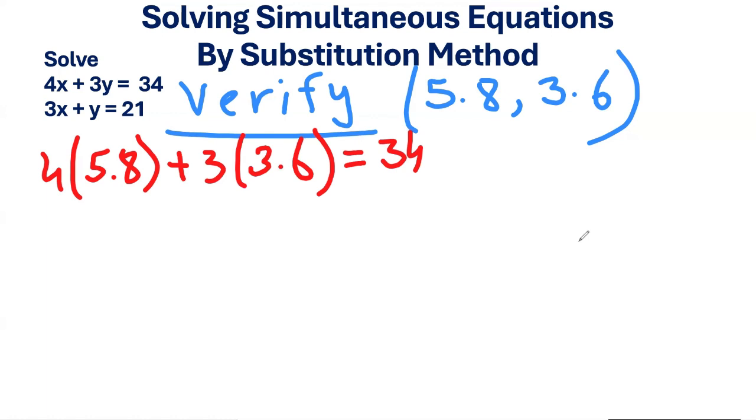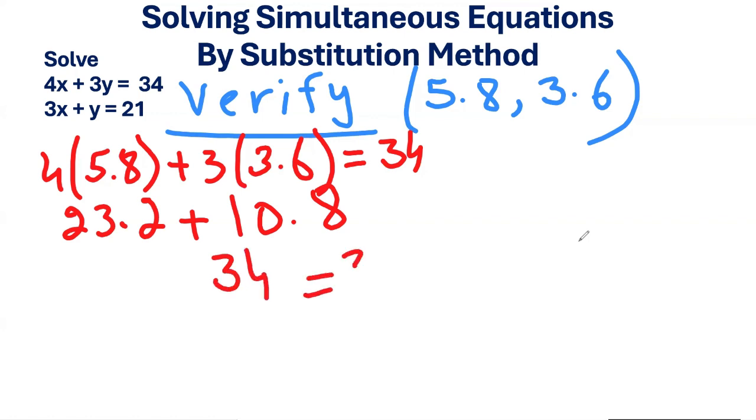Okay, it should be satisfied. So let's do the next step. 4 multiplied by 5.8 is 23.2. Now 3 multiplied by 3.6 is 10.8. Now 23.2 plus 10.8 will give you 34.